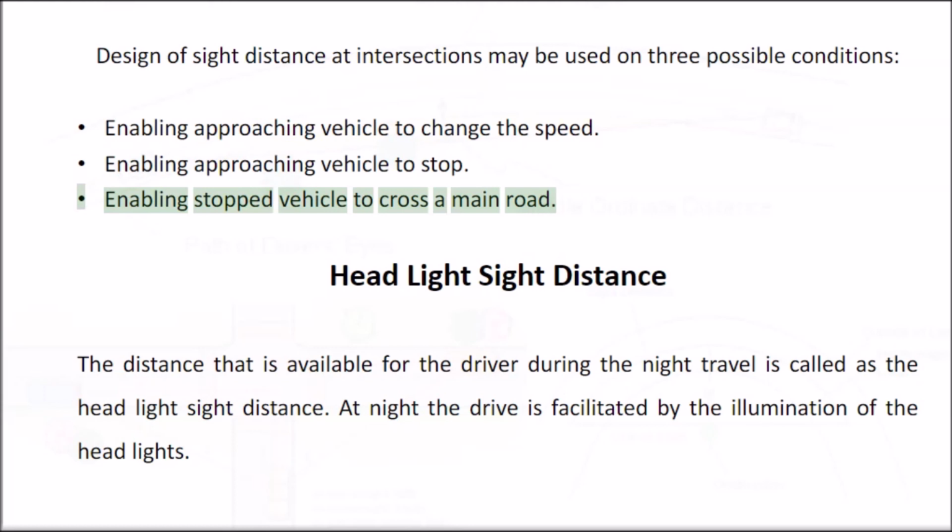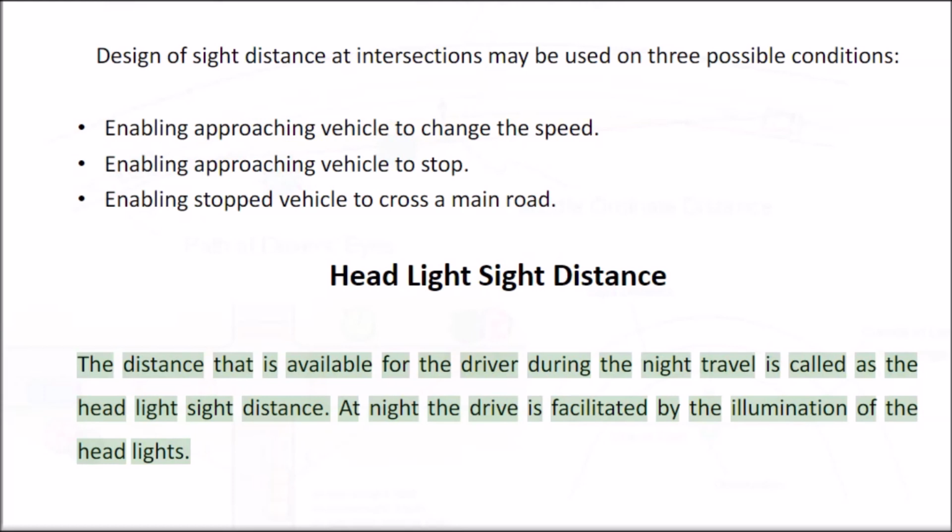Enabling stopped vehicle to cross a main road. Headlight sight distance. The distance that is available for the driver during night travel is called the headlight sight distance. At night the drive is facilitated by the illumination of the headlights.